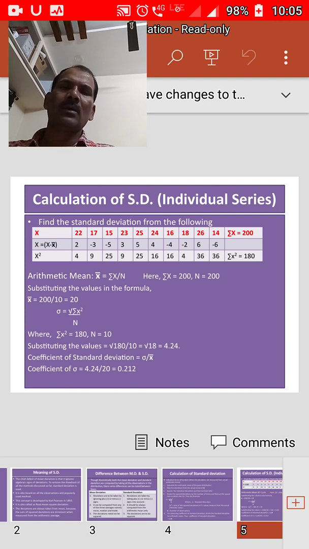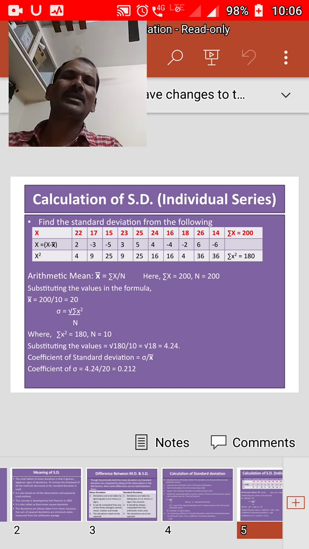You have minuses and pluses, which means you are considering the algebraic signs.